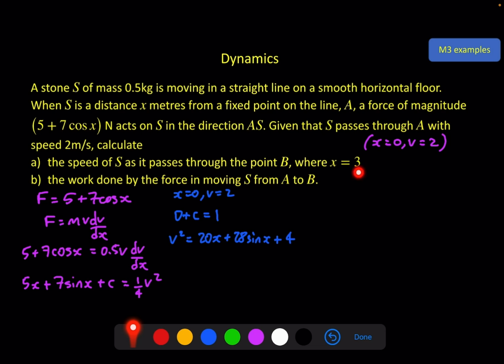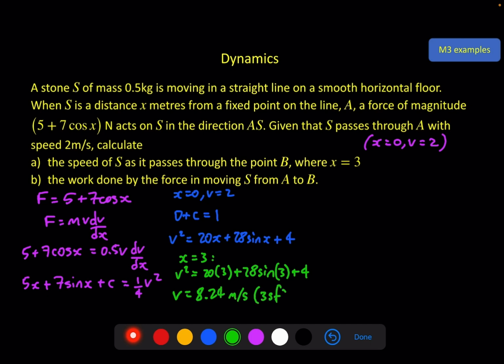So we just need to put x equals 3 into this equation. Again, remembering the sine 3 is in radians there. And square rooting all of that gives 8.24 meters per second to 3 significant figures.